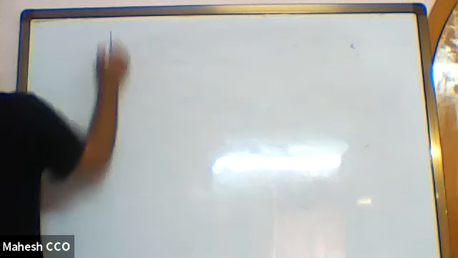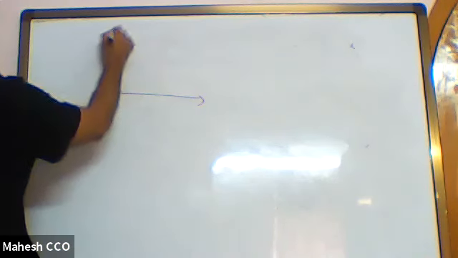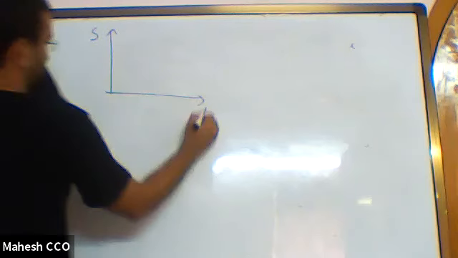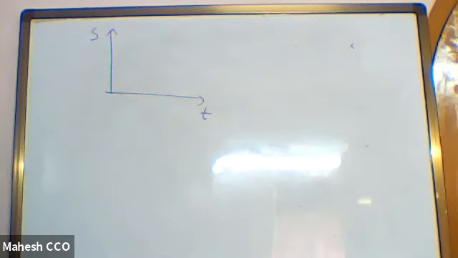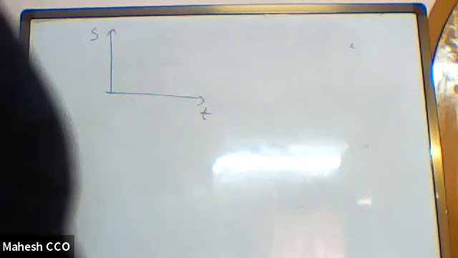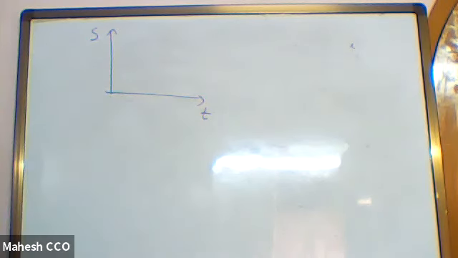One plot is s versus t, or x versus t, y versus t, like that. If the particle is moving along x direction, then x versus time graph may be there. If the particle is moving along y direction, then y versus t graph may be there. If the particle is moving along z direction, then z versus t graph may be there. Or simply s versus t we can say.